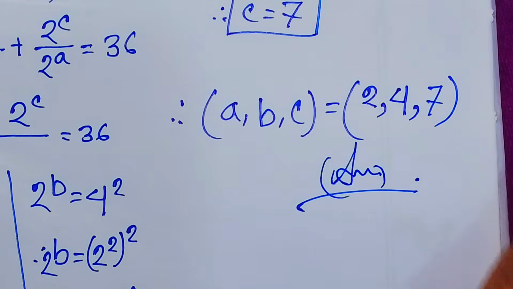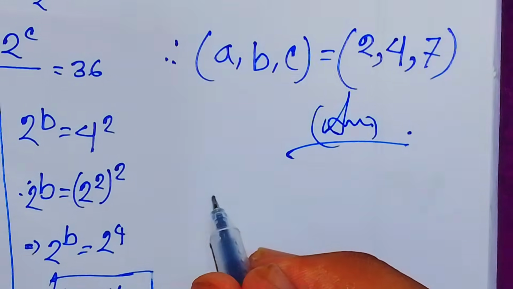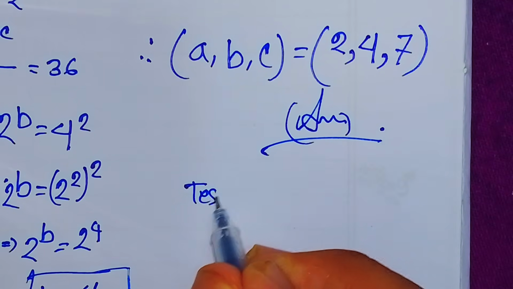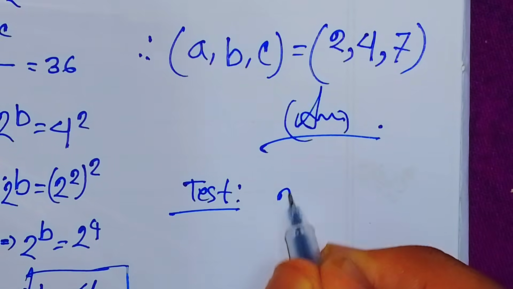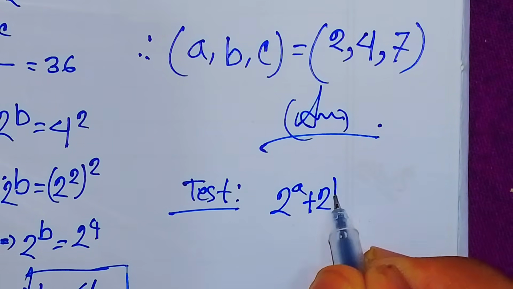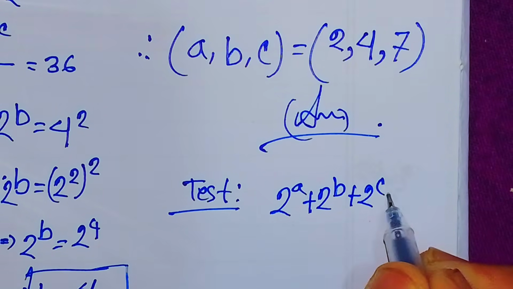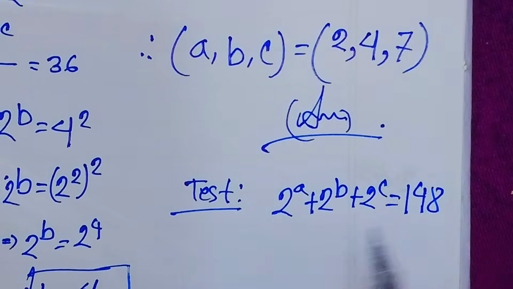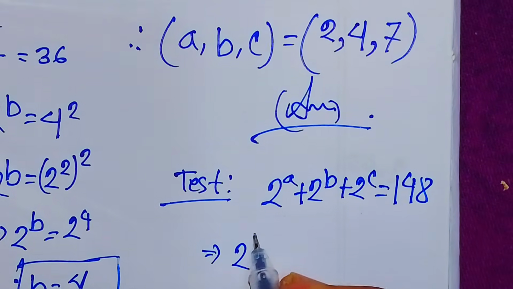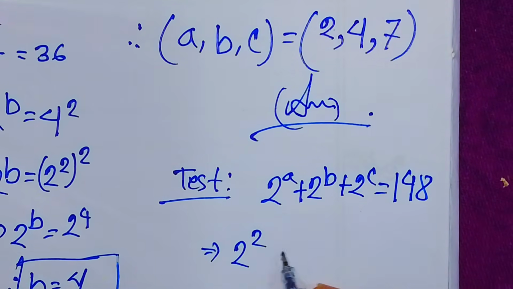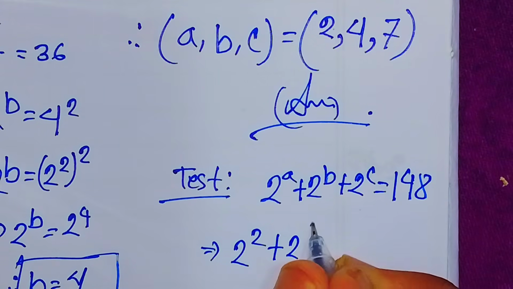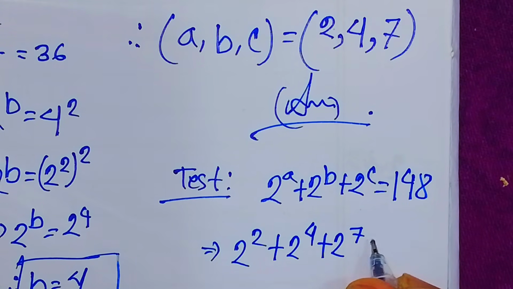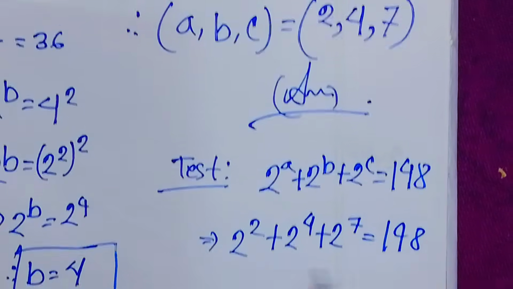So now we have to test whether this value is actually correct or not. After testing this, we write the given equation: 2 to the power a plus 2 to the power b plus 2 to the power c equals 148. So we replace the value of a equal to 2 to the power 2, plus the value of b, 2 to the power 4, plus the value of c, 2 to the power 7, equals 148.